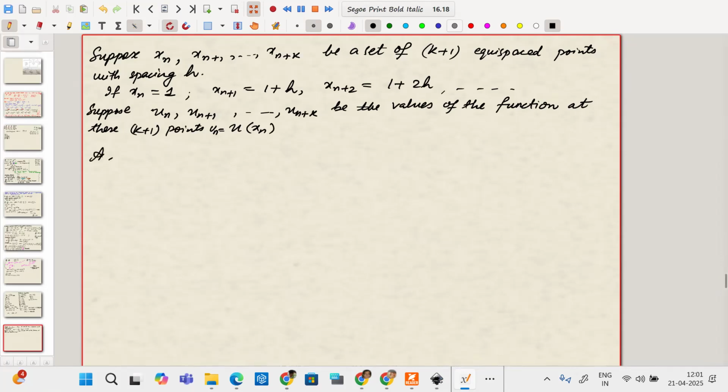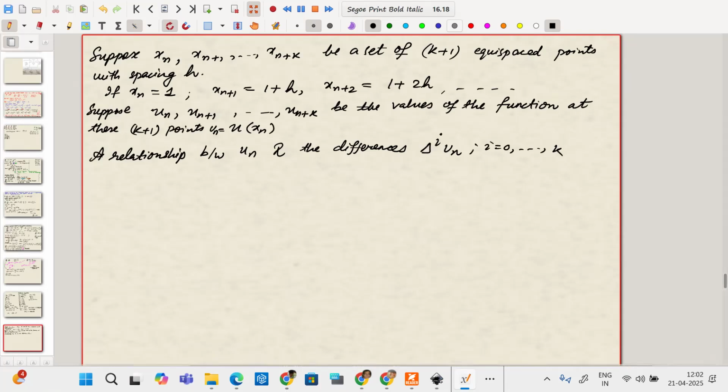Now, a relationship between un and the differences, that is delta i un, where i goes from 0 to k, is called a difference equation.